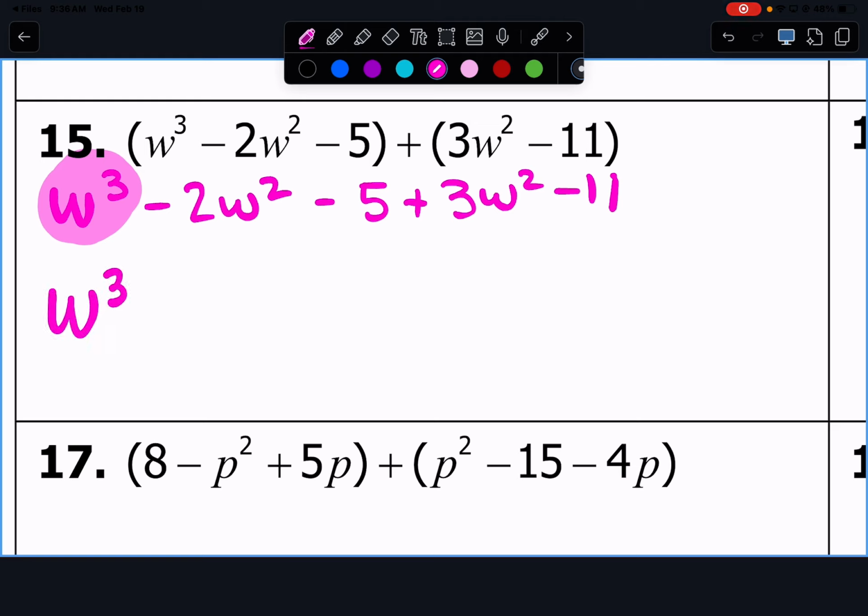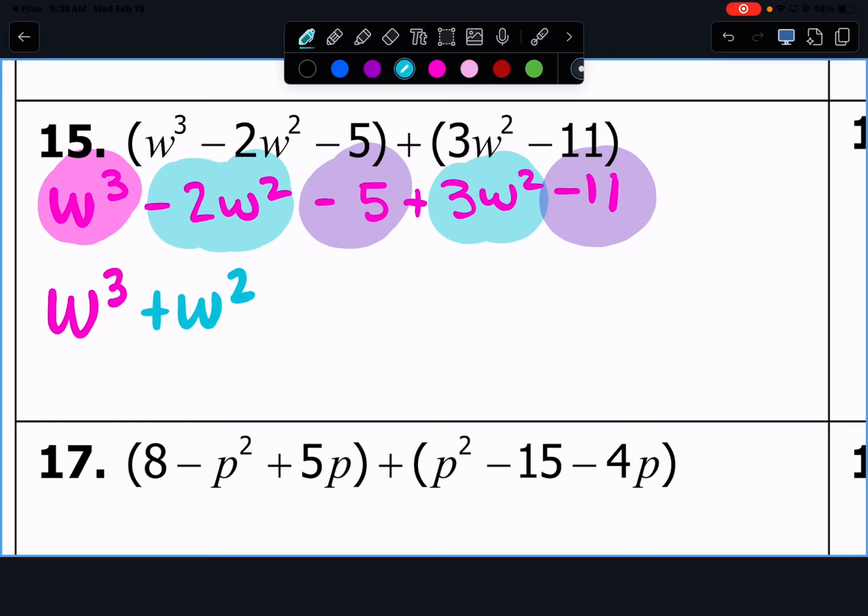We go from biggest exponent to smallest. So now I'm going to look at the squared term. You said negative 2w squared and something, which is what when I combine them? Just w squared. So what would I put, plus or minus w squared? Plus. Then to get the next term, what would I do? Which gives us? Perfect.